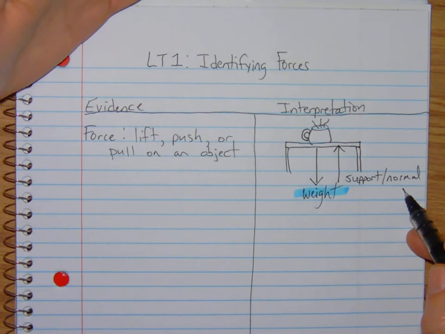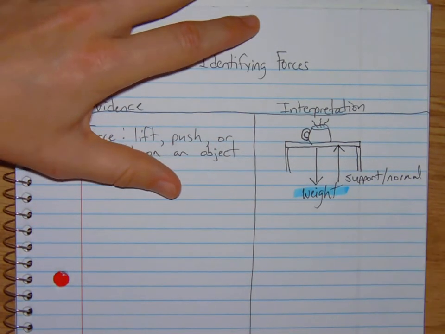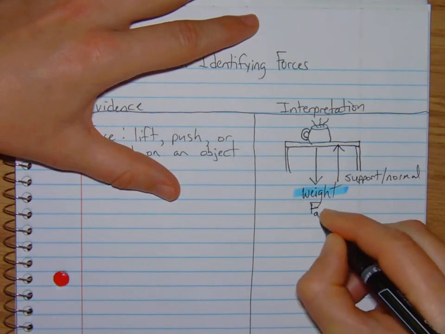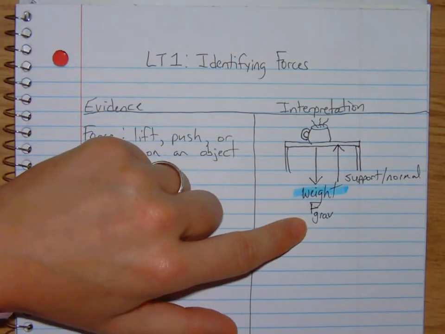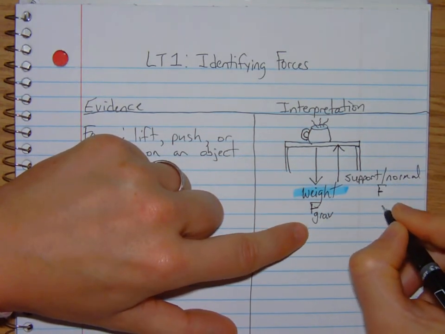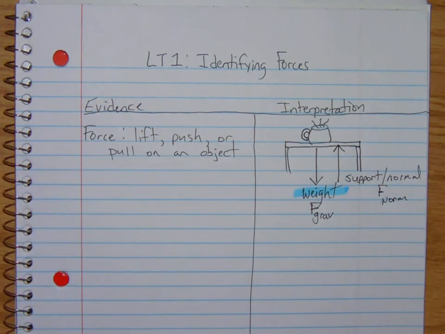It's a geometry term. So we'll call it both things. This weight is sometimes abbreviated F-grav to show that it's gravity doing it. This force is often called F, and then the subscript is norm, for a normal force.